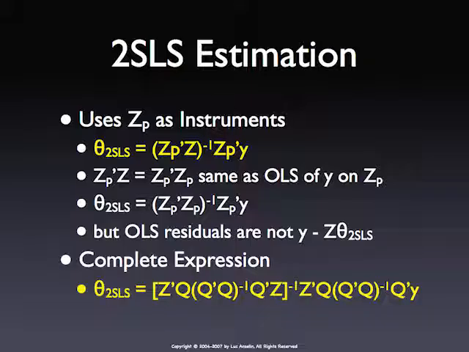So if you, by hand, if you wish, first run your first stage least squares regression, and then run your second stage least squares regression, when you do your inference, your t-tests, you cannot use the standard OLS residuals from that second stage regression. In fact, you have to make sure that the residuals are these residuals. So not ZP, but Z should be multiplied with the parameters. And then you're in business.